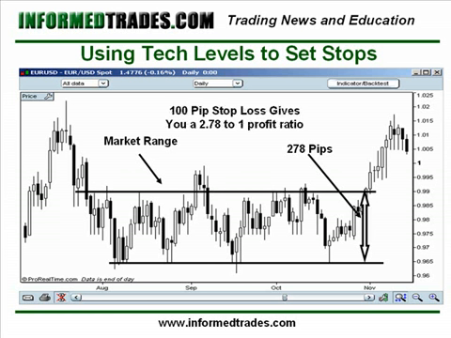Even if a stop loss was placed, say 100 points outside the support or resistance line, the top or bottom of the range here, at 278 points, it still gives you a 2.78 to 1 profit ratio, which is pretty good.